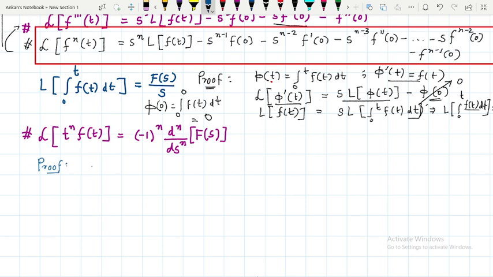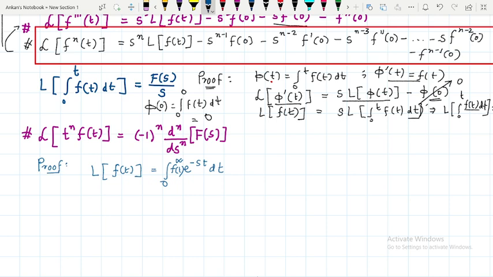For this, at first I want to write the definition we learned at the beginning of this lecture: F(s) is the integral from 0 to infinity of e to the power minus st f(t) dt.